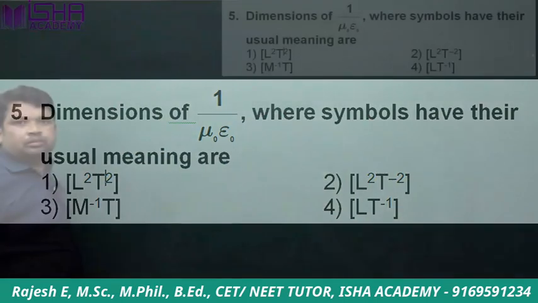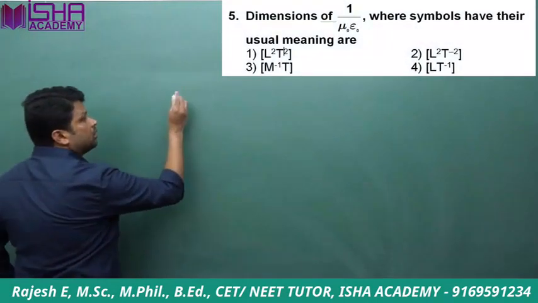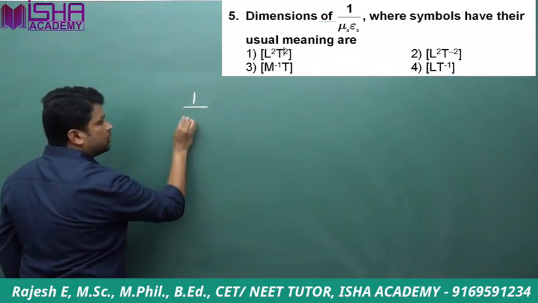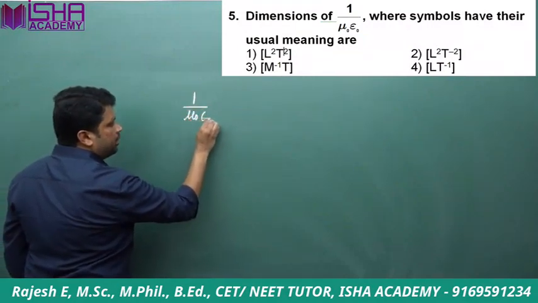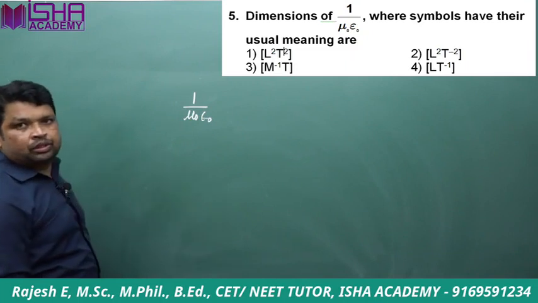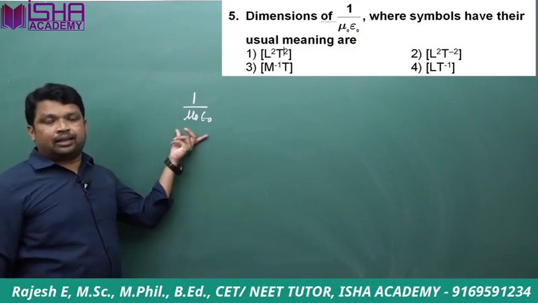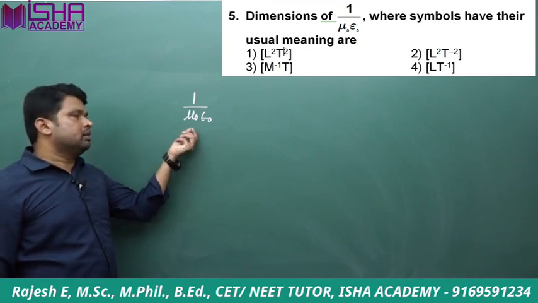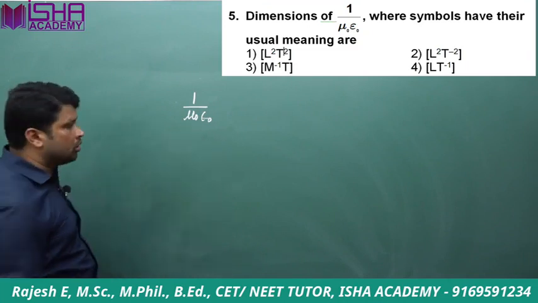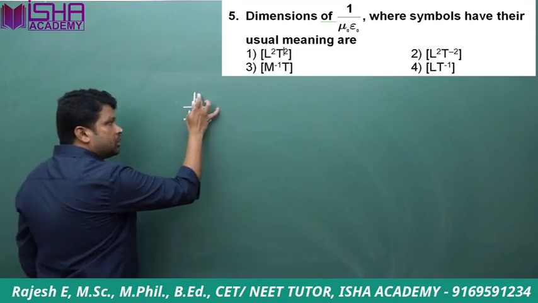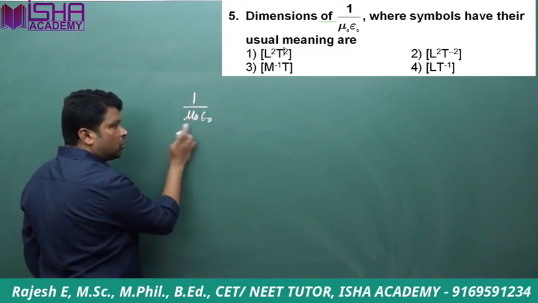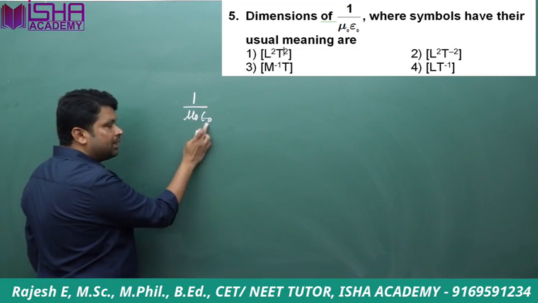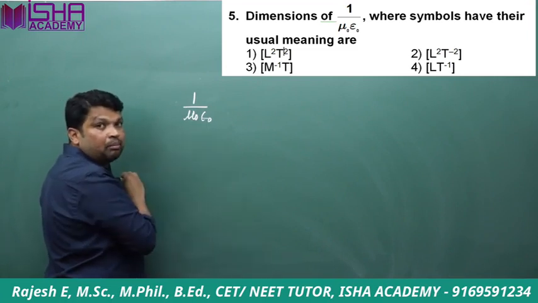See the next question. In this question, we have to find the dimension of mu naught and epsilon naught. This formula you are going to study in electromagnetic waves in second PUC. So we have to find the dimension of 1 by mu naught epsilon naught. This mu naught is permeability and this epsilon naught is permittivity.